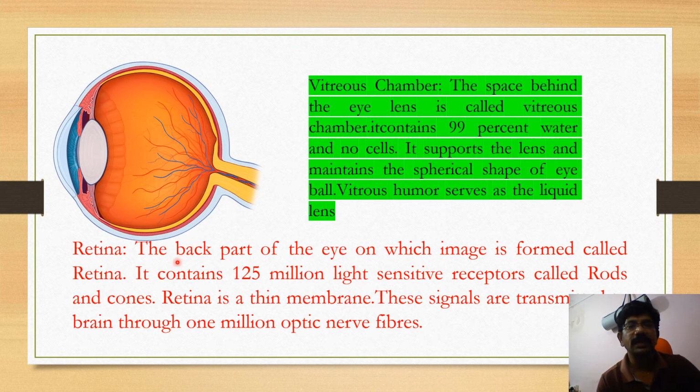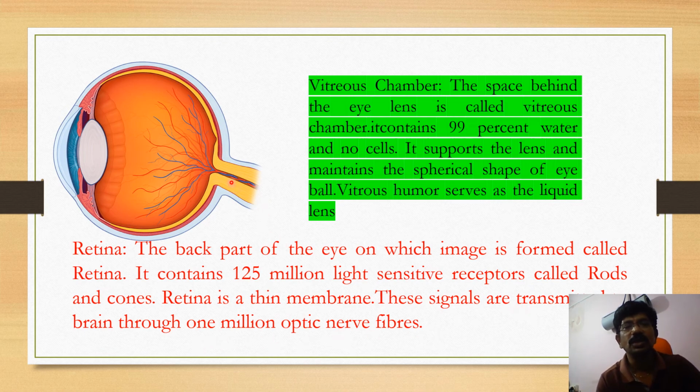This retina consists of nearly 125 million light sensitive receptors, called rods and cones. The retina is a thin membrane. The signals are transmitted to the brain through 1 million optic nerves.